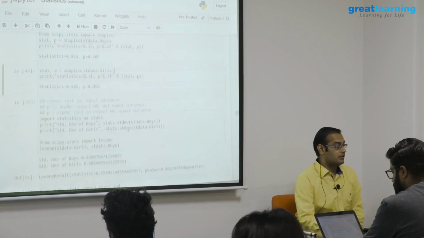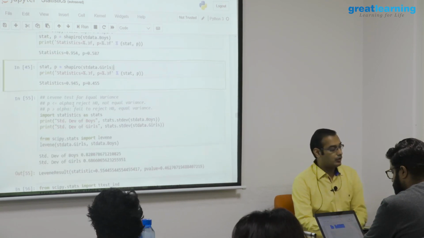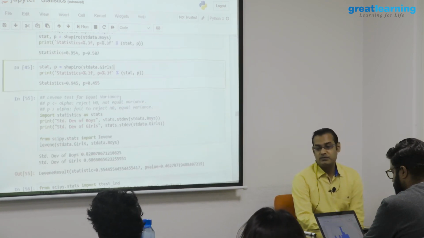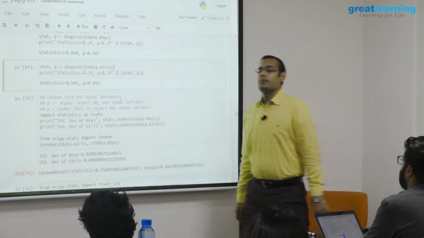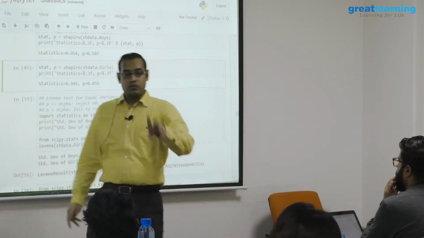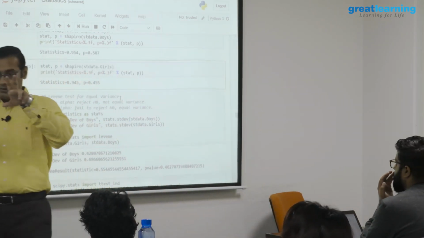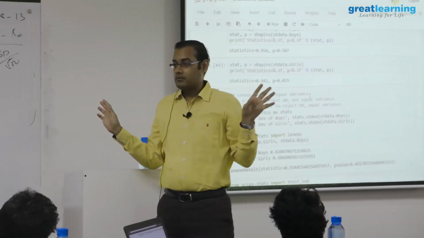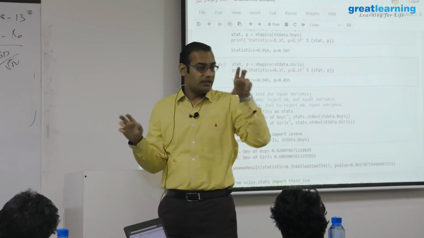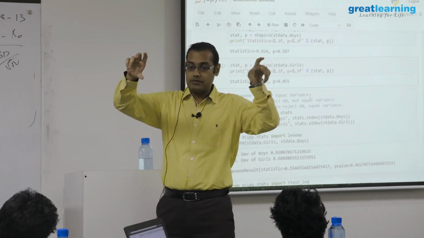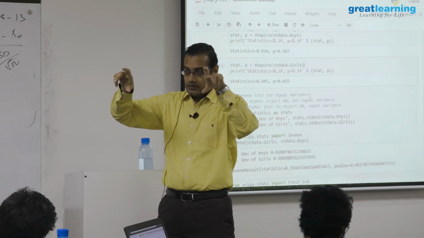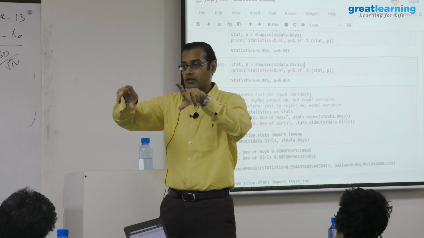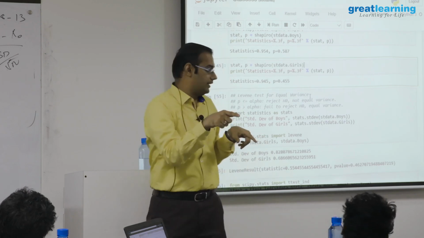Levene test is not for normality but for equal variance. One more assumption that the independent t-test makes is that the variance of the two samples I am comparing is equal, the variance of the boys and the girls, sample A and sample B. If it is equal, then you can use a t-test with equal variance.